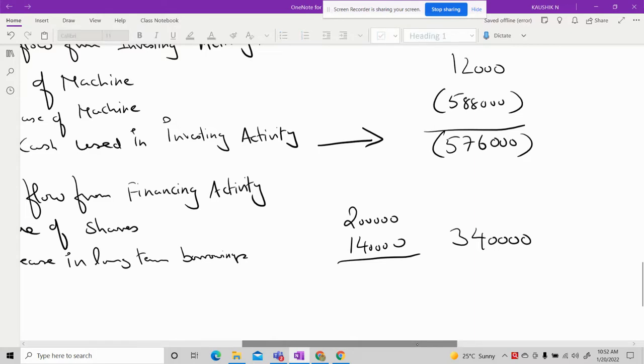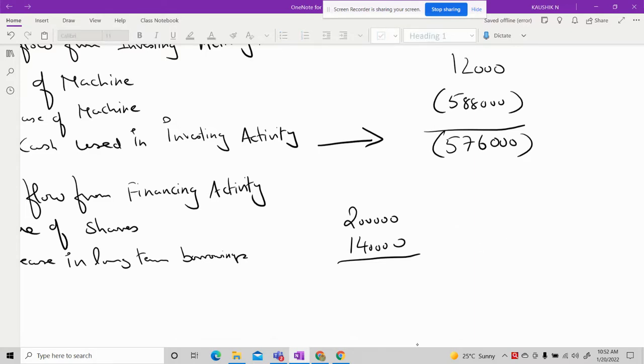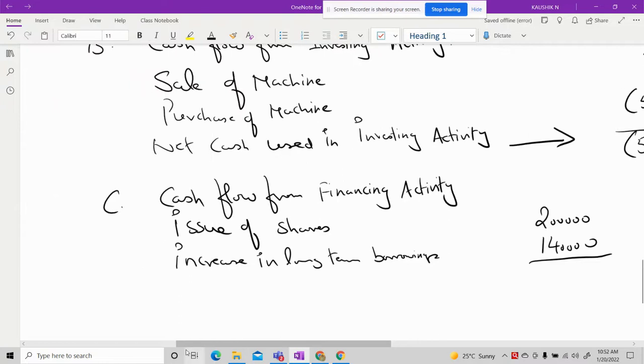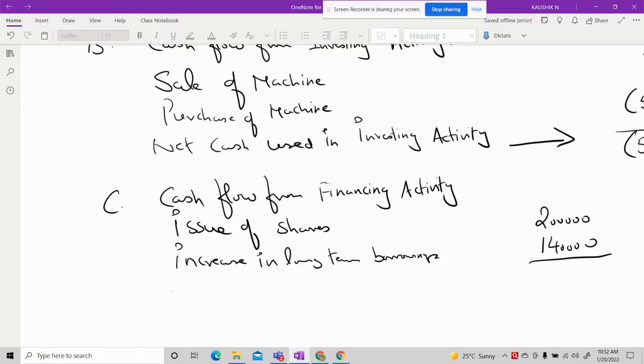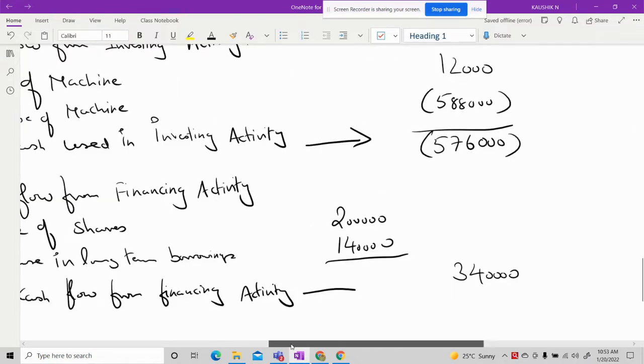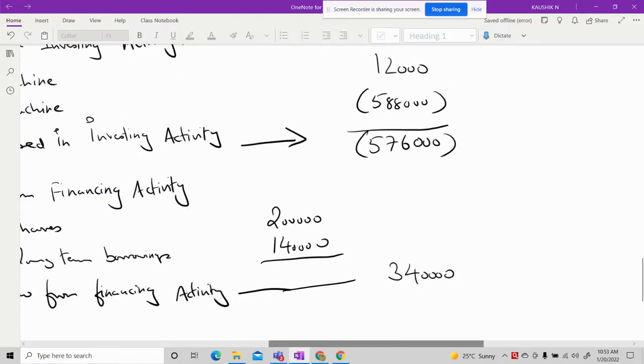It is a positive figure, so it is net cash flow from financing activity. The amount comes to rupees 3 lakh 40,000.